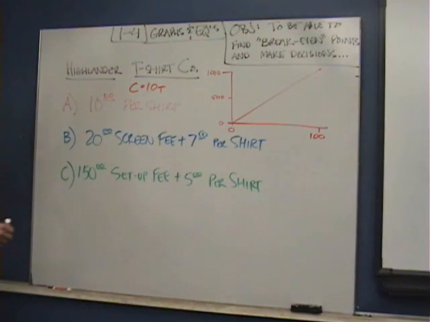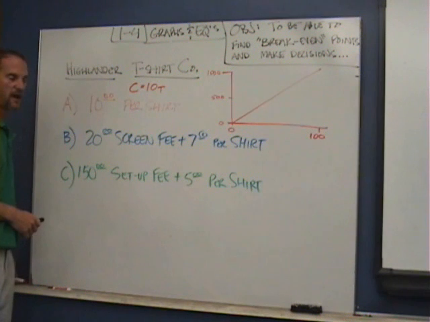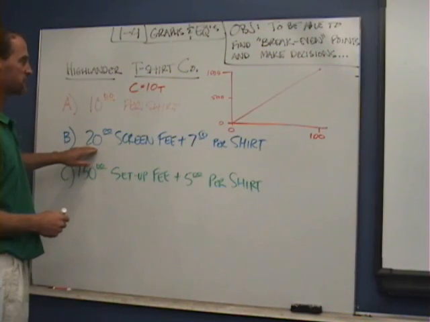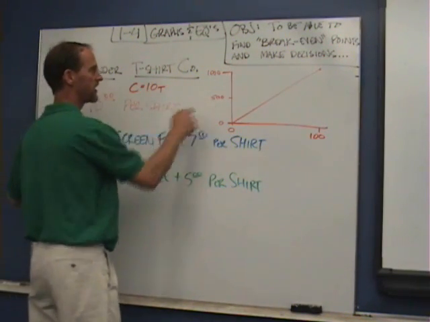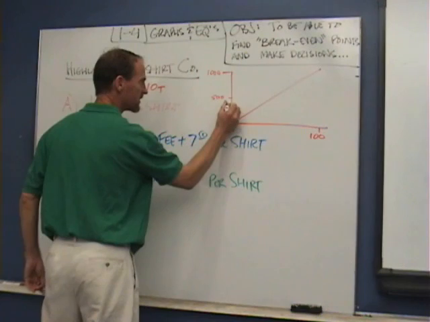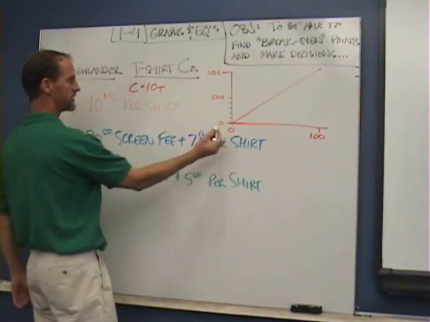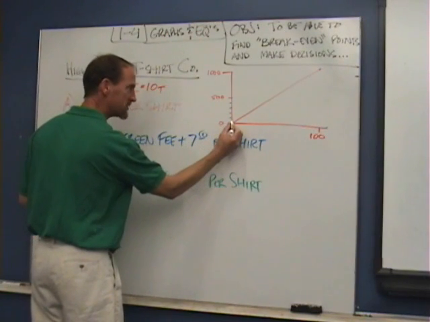Okay, my $20 screen fee and $7.50 per shirt is going to be $20 for my intercept. Well, if this is 500 and this is 100, 200, on up to 500, it's going to be only $20. It's going to be hard to see.